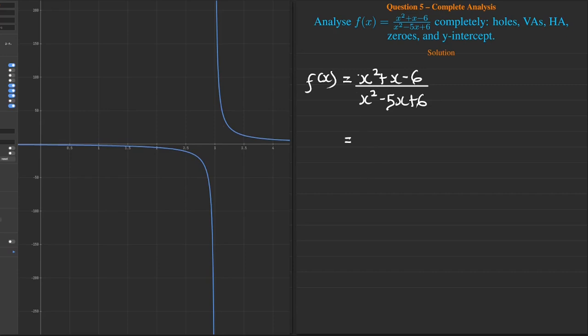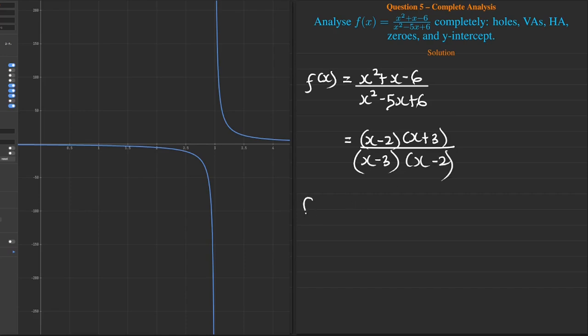Since the coefficient of x squared is 1, we have x minus 2 times x plus 3, all over, for the denominator, the factor pairs of 6 that add to give us -5: -3 and -2. So we have x minus 3 and then x minus 2.